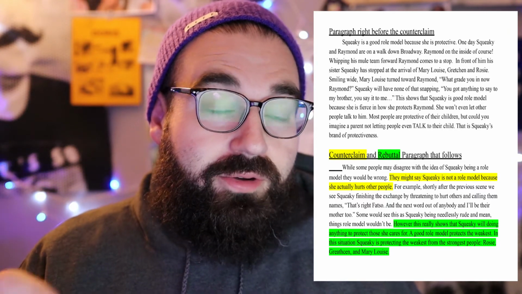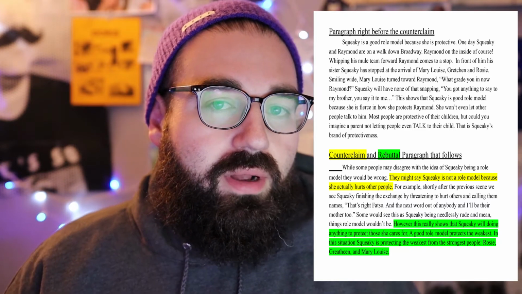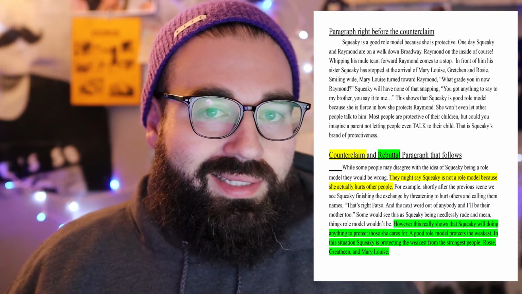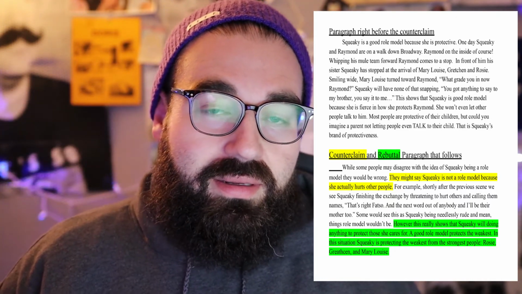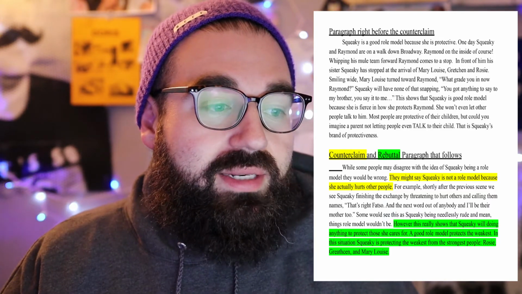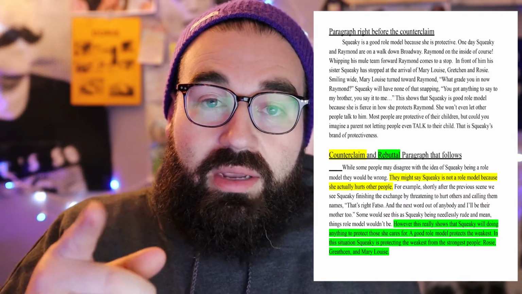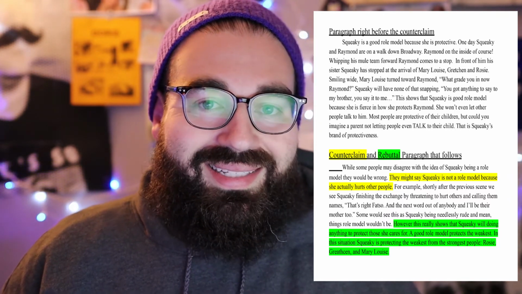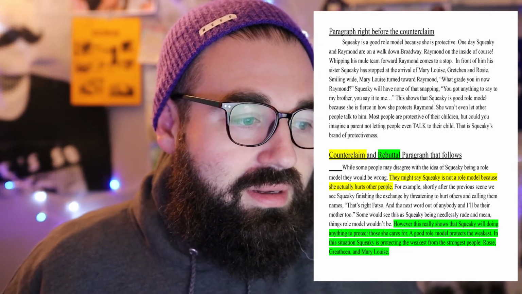While some people may agree with the idea of Squeaky being a role model, they would be wrong. Okay, we're going to pause. Let's think, how could we do this for ourselves? Honestly, you could just Mad Libs in just that little section. You could say, while some people may disagree with the idea, insert your claim, they would be wrong. That's easy. You already know what your claim is, so just throw it in there.